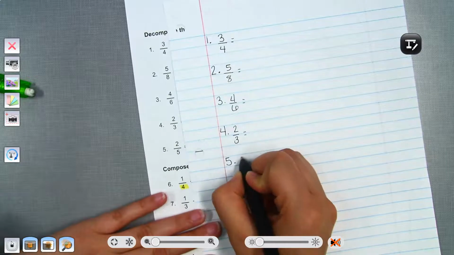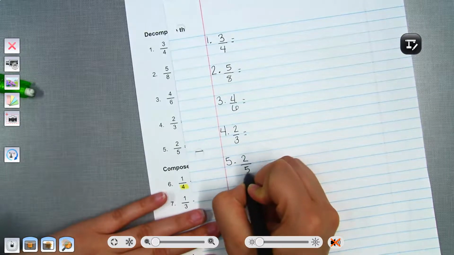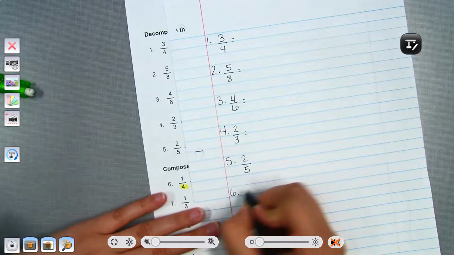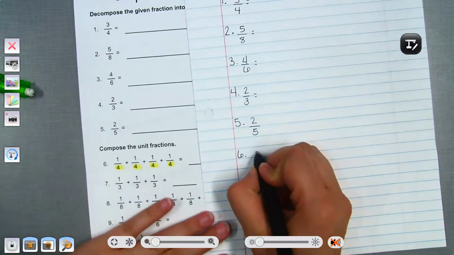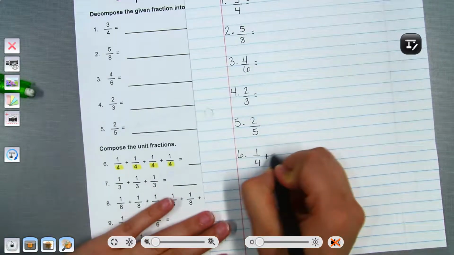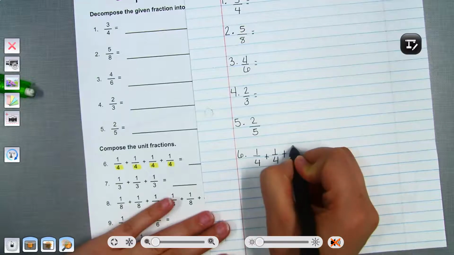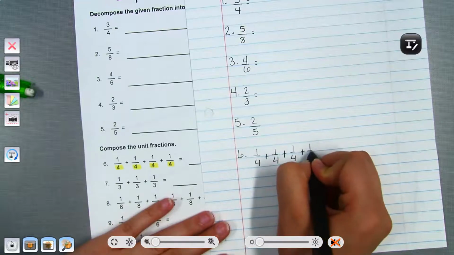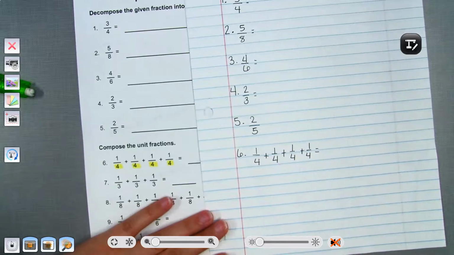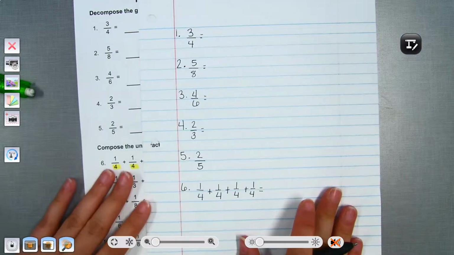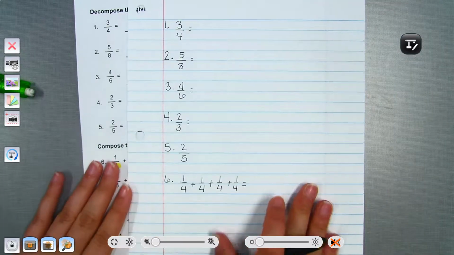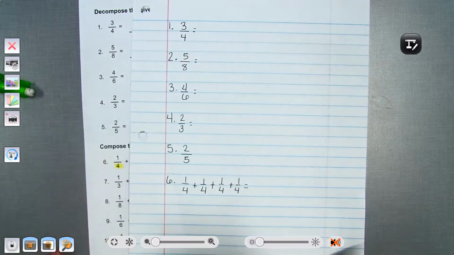Number 5, 2/5. Number 6, 1/4 plus 1/4 plus 1/4 plus 1/4 equals. Okay, write it nicely on a piece of notebook paper. Don't just write it scribbly on it, okay?